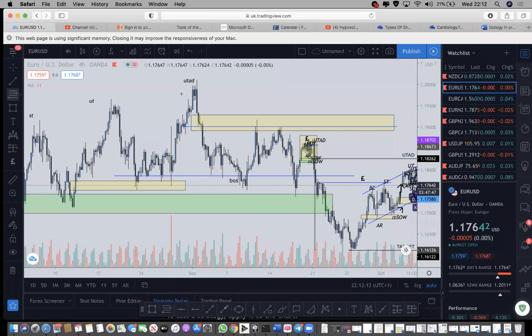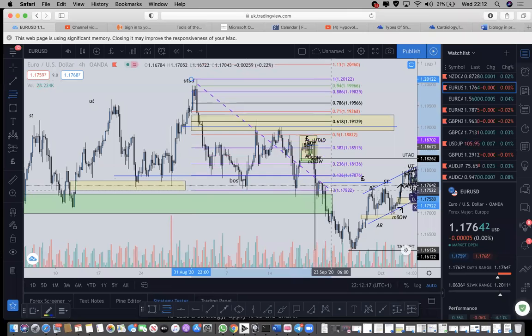And if you pull your fib, you'll be surprised where it was lining up. 61.8. Inside a drop, base, drop, 61.8 fib level. Come on, drop the kitchen on it.